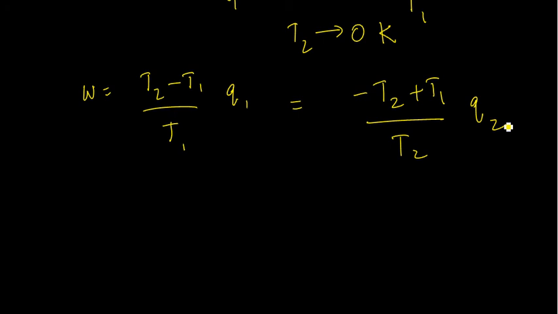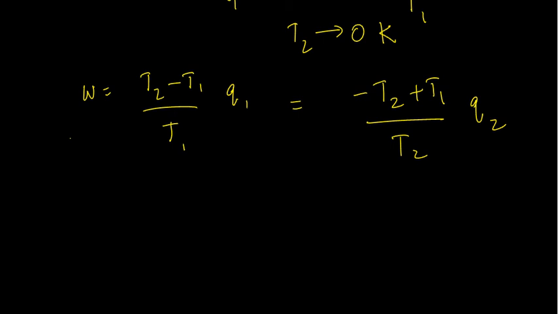So this is the amount of work that needs to be done if I wish to have 0 Kelvin. T2 is the cold part, and I want to bring it down to 0 Kelvin.